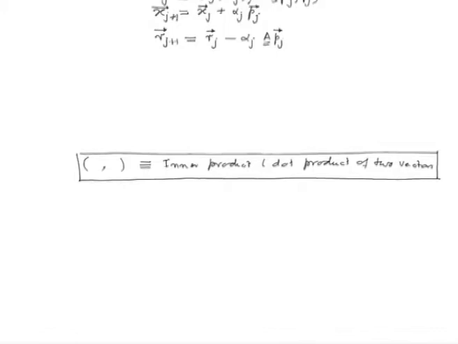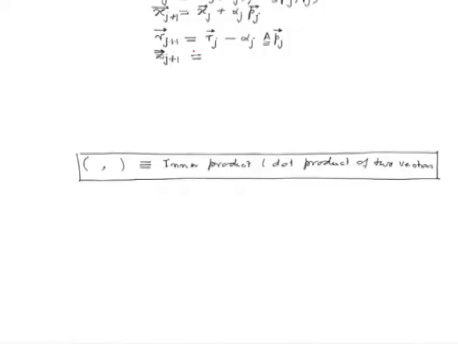The next thing we will do is compute a new set of vectors Zj. So, Zj plus 1 would be used in our next iteration to compute this alpha j and so on.